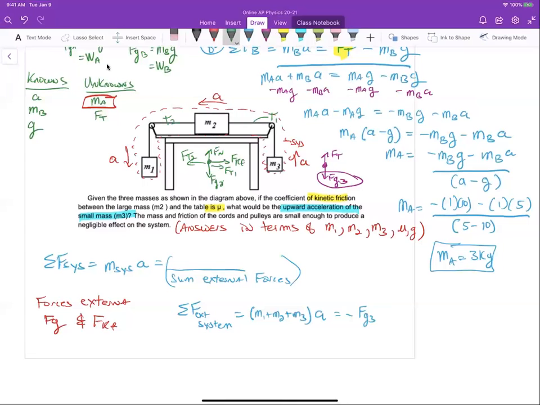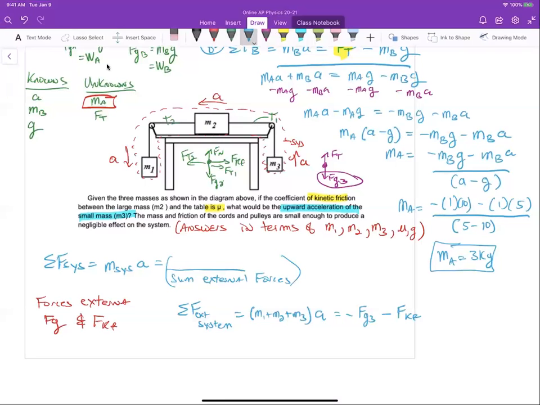So that force of gravity acting on block 2 is not in the direction of acceleration. It is not assisting us in any way, shape, or form. We are only summing the forces in the direction of the acceleration. So the only force external to the system related to mass 2 is the kinetic friction, and it's in the opposite direction of acceleration, so I have to subtract it.